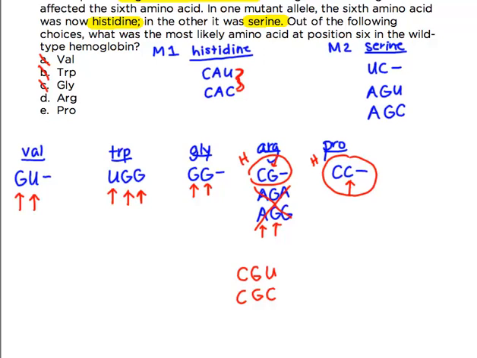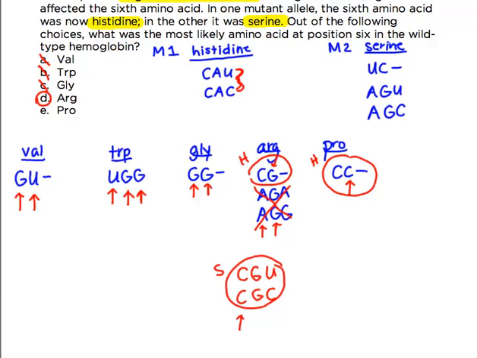Well, if serine was encoded by a UC dash codon, that definitely couldn't work because the C would have to change to a U and the G would have to change to a C, so that would be 2. However, if serine was encoded by AGU or AGC, then only this first nucleotide would have to be changed. So this works for serine as well. So let's circle arginine because that seems to work for both.